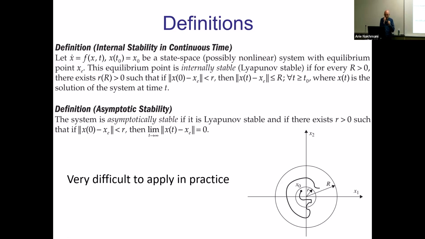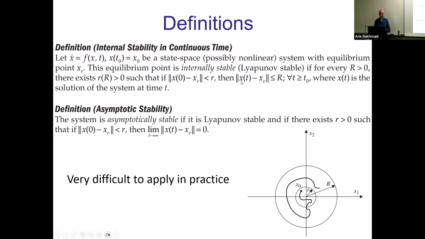So I'll always be able to pick a smaller radius such that if I'm starting within my smaller radius, which means my initial conditions are somewhere inside of that smaller circle, here or there or anywhere inside of that circle. Pick any point.